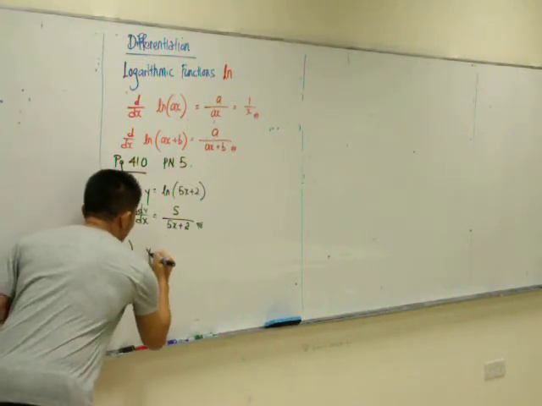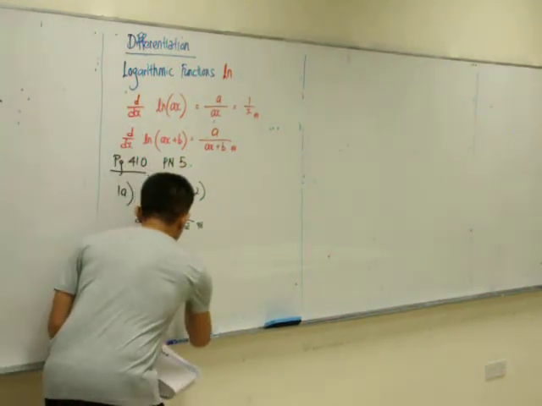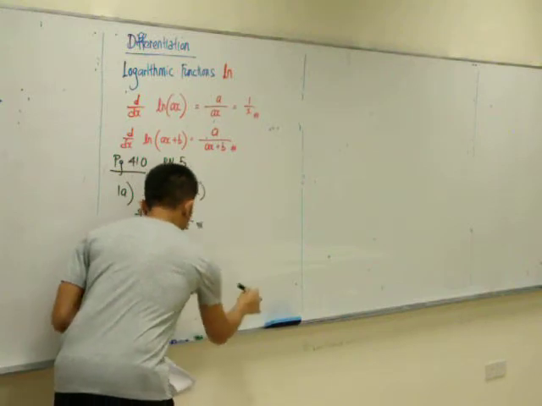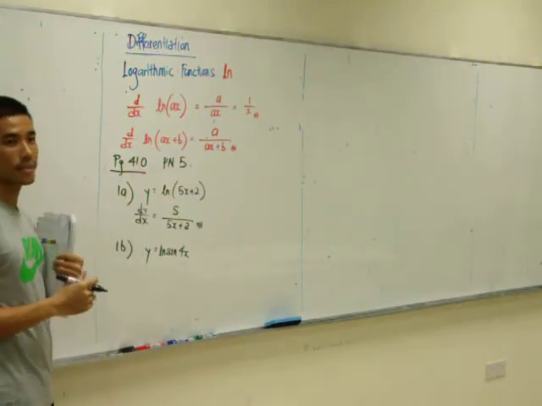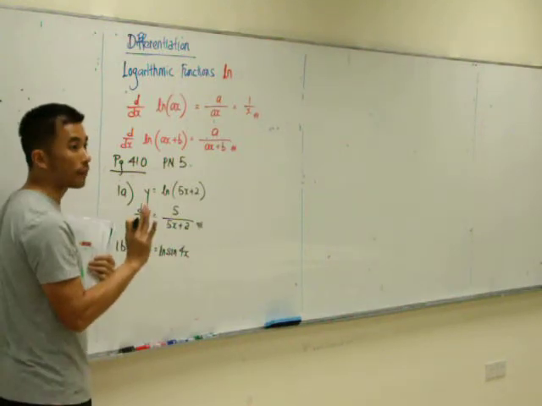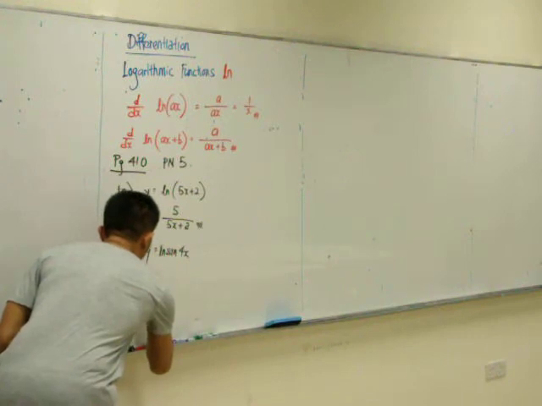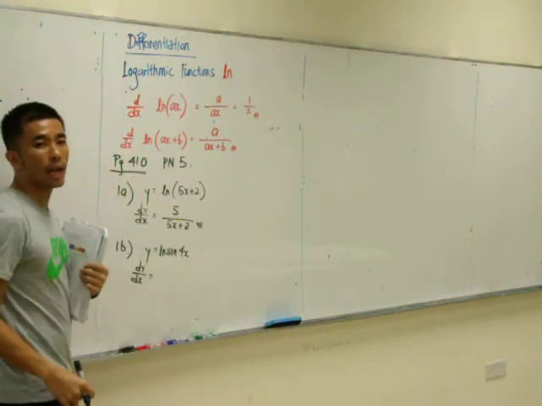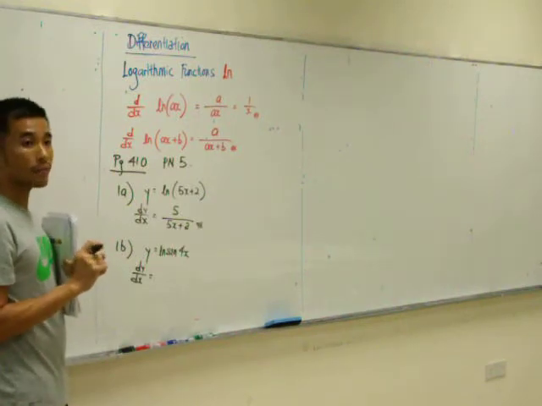1B. Okay, get a little bit more difficult, but it's still not difficult. Ln of sine 4x. Still not very difficult, but slightly only. Differentiate ln term, right? What is inside the bracket term inside here? Sine 4x.